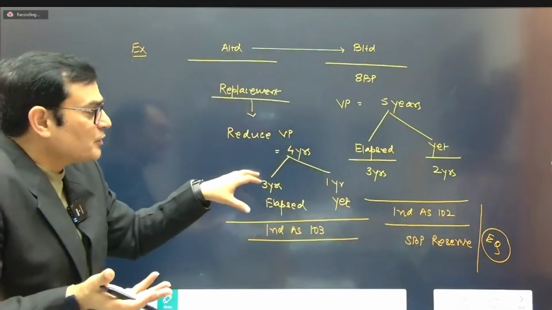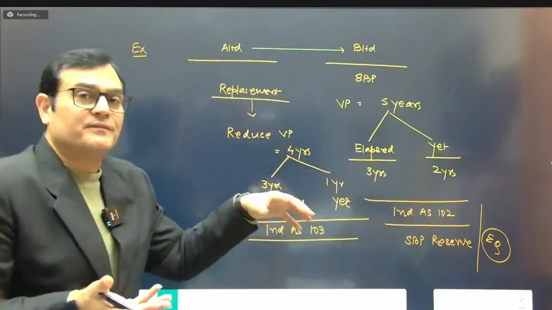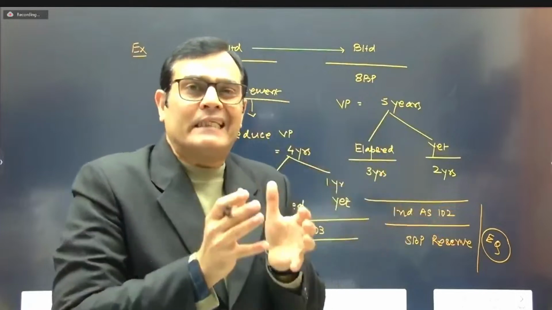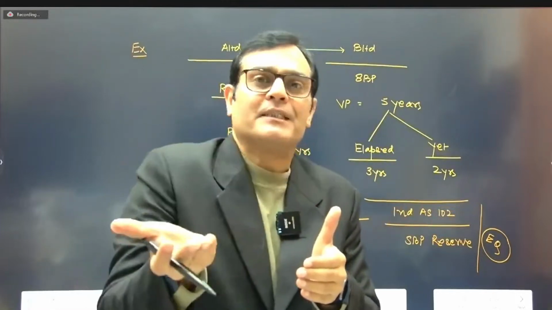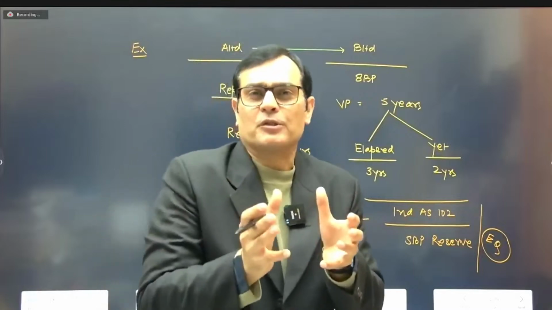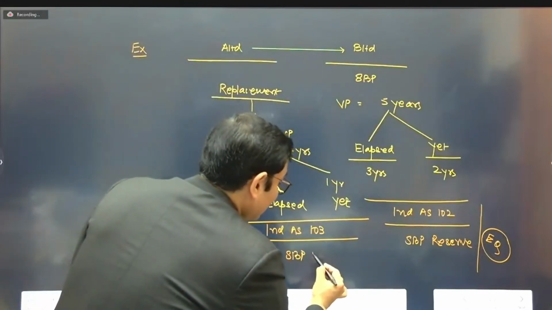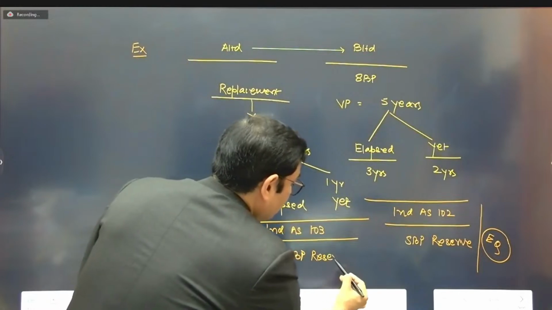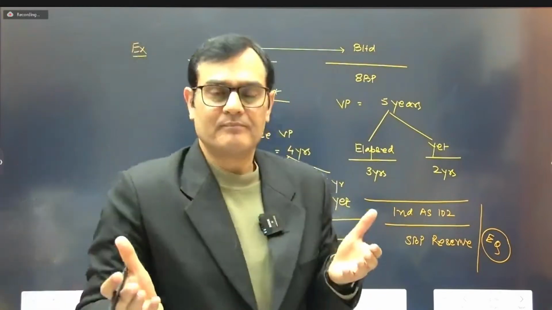Since 3 years have already elapsed and he's not going to take over this SBP reserve as a part of the takeover, Ind AS 103 also requires that you create an SBP reserve for the period which has already elapsed. So he would also be required to create an SBP reserve in the books of accounts, as a part of the acquisition accounting.